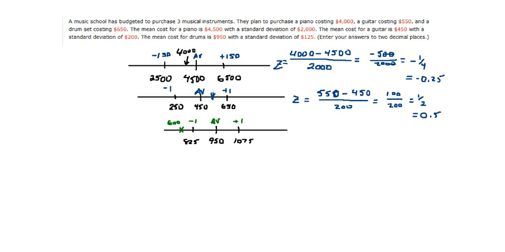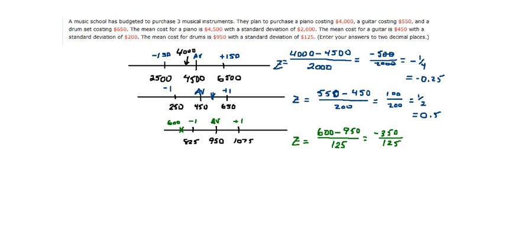To find the z-score, we take the difference between our $600 minus our average of $950, and we divide that by the standard deviation of $125. You'll have to forgive me that my fraction work is not as good as I'd like sometimes, but 600 minus 950 is a difference of negative $350, and we're dividing that by 125. So this time I'm going to get out my handy dandy calculator.